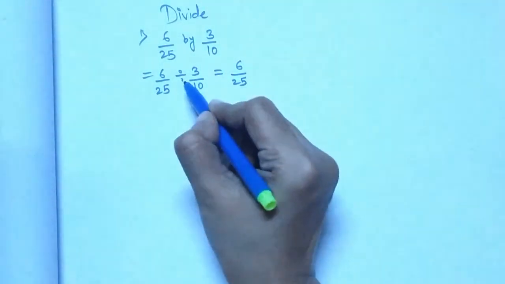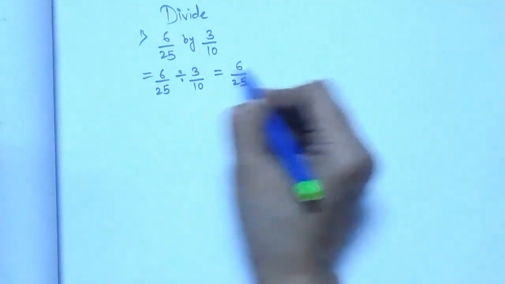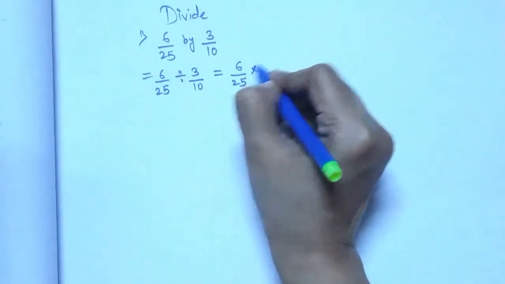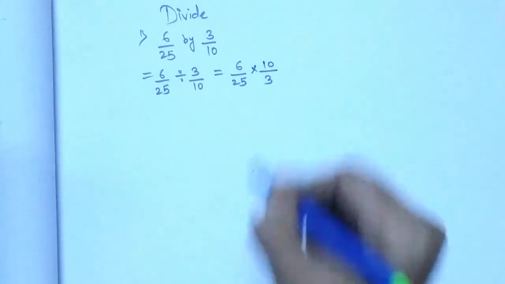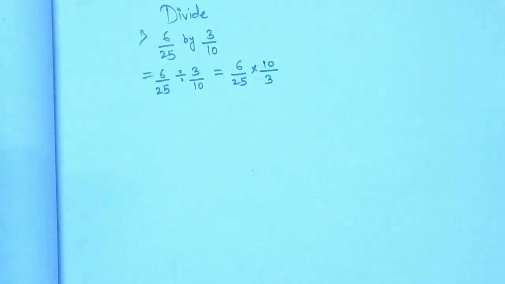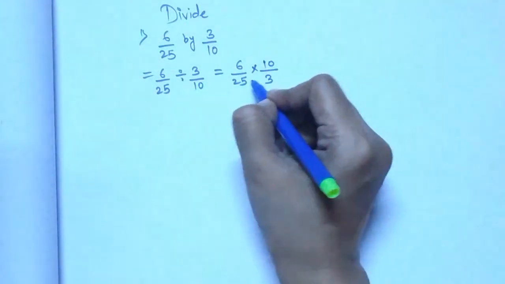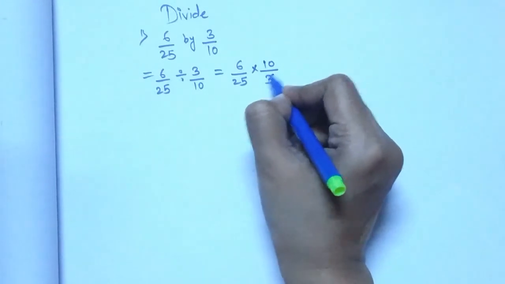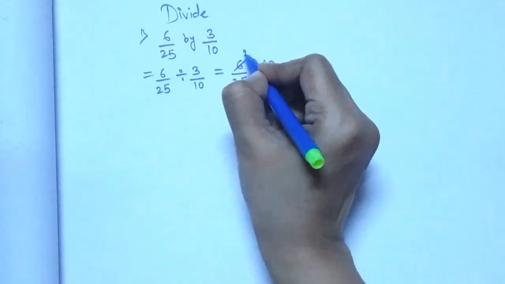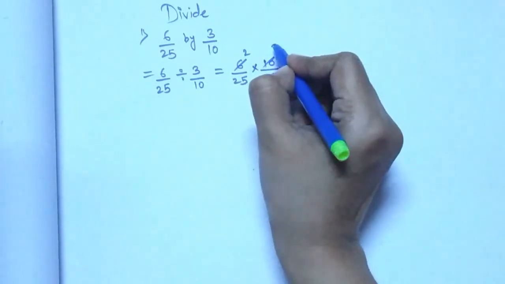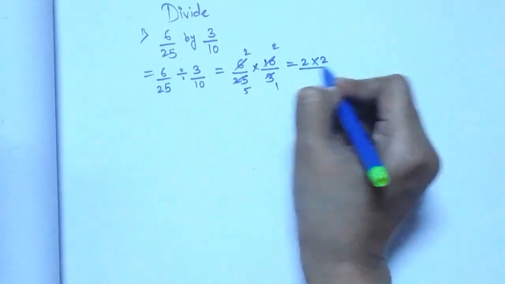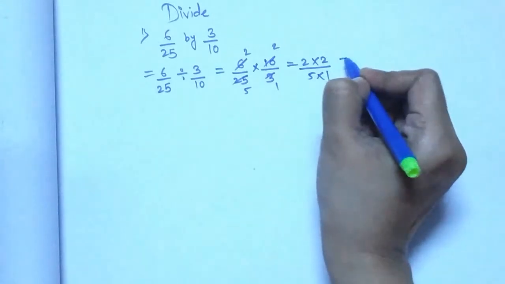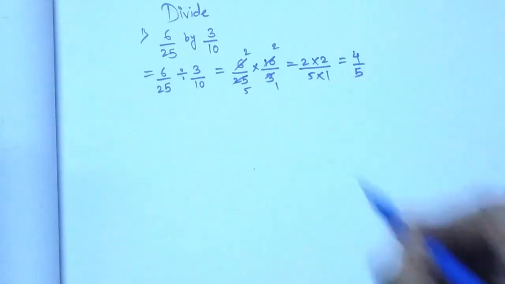Now take the reciprocal of 3 by 10, and this division will convert into multiplication, and the reciprocal of 3 by 10 is 10 by 3. Now just multiply, or you can simplify here. 3 ones are 3, 3 twos are 6, 5 twos are 10, 5 fives are 25. Upside 2 into 2 and downside 5 into 1, that is 4 by 5 is the answer.